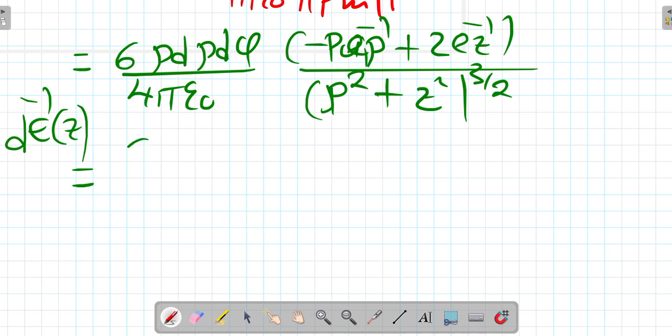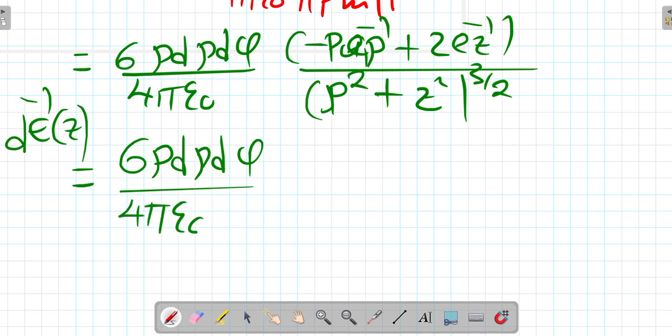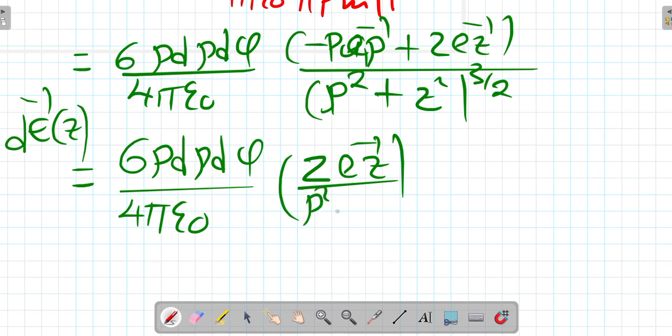So you're going to say sigma rho d rho d phi over 4 pi epsilon 0, multiplied by z, ez, over rho squared plus z squared to the power 3 over 2.